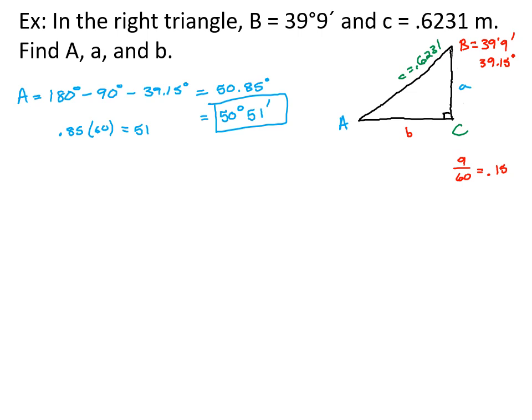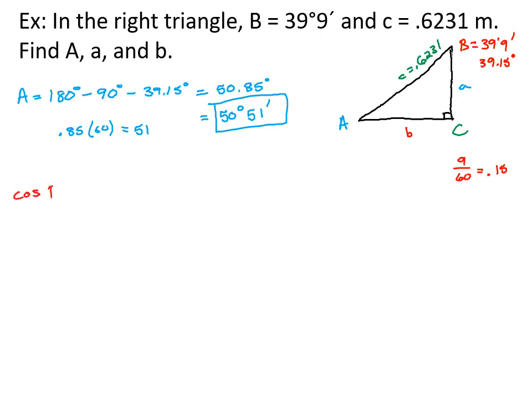To come up with side A and side B, I'll do the same sort of thing that we did on the very first one. I don't know angle A, so I'm going to use angle B here. And I want to solve for side A, which is the adjacent side to angle B. So I need an adjacent, and I know the hypotenuse, so I'm going to use cosine.